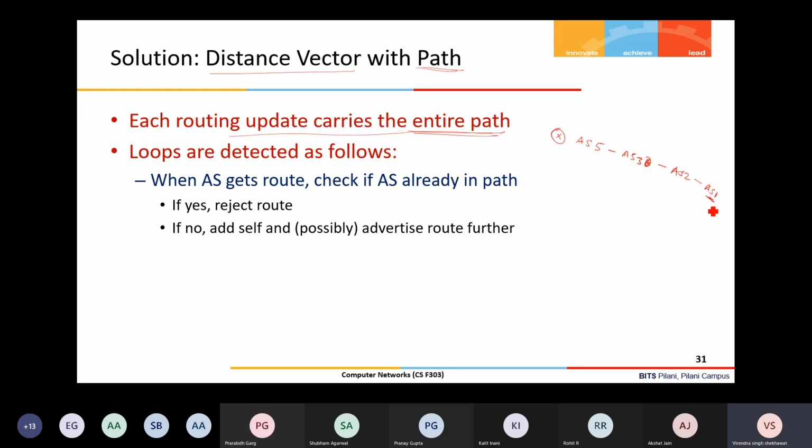I am giving this to my neighbor, suppose AS6. I have received the path 5, 3, 2 for destination X, and now I am giving this path to AS6. Then I will add my autonomous system also.